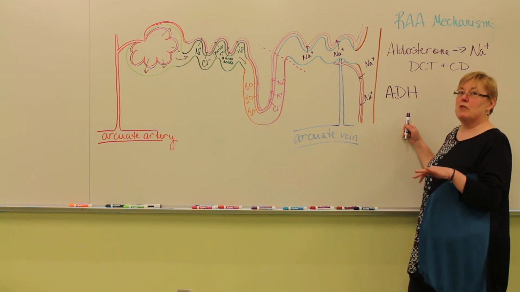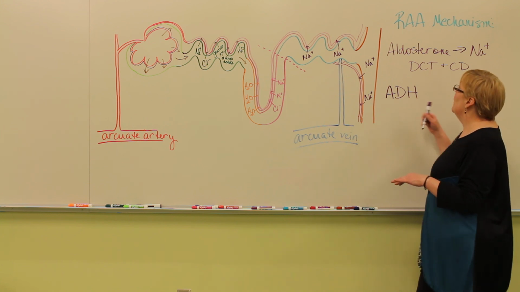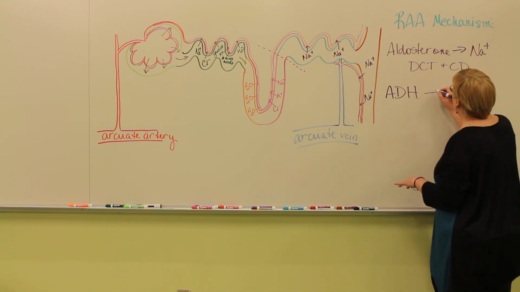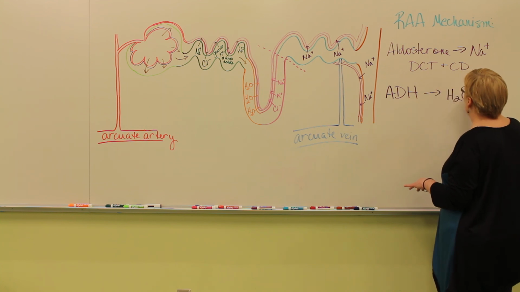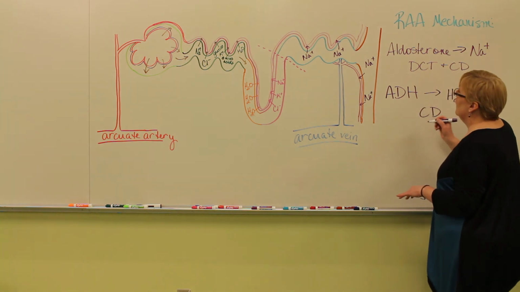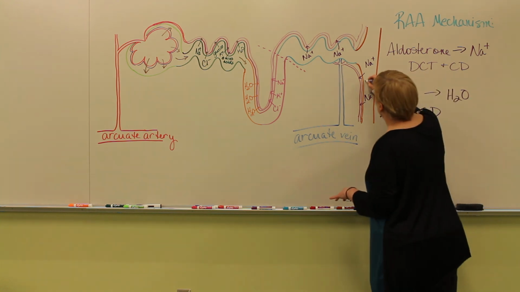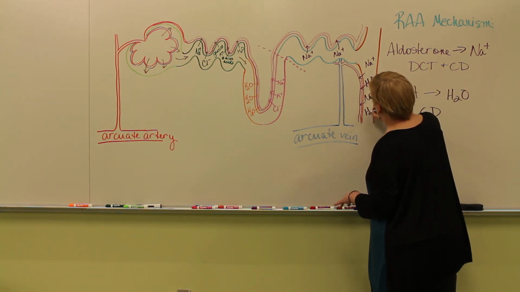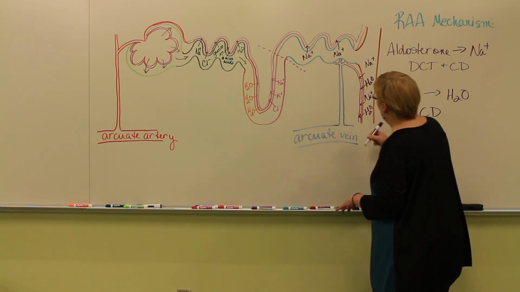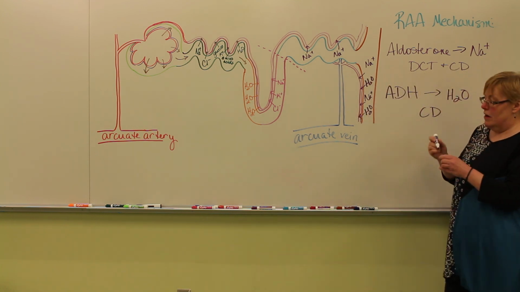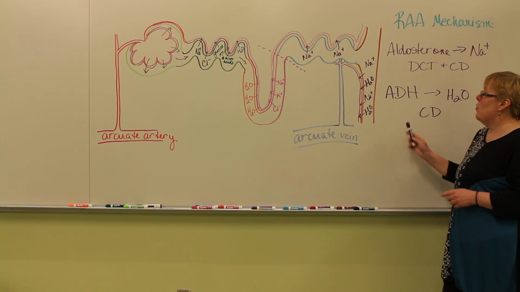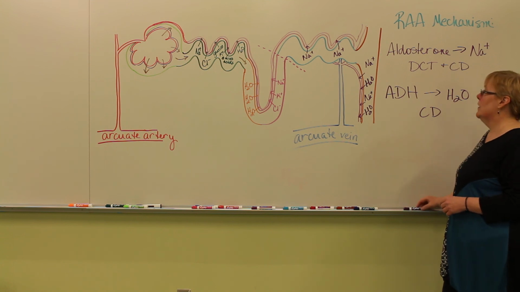It's going to decrease urinary output. Okay, so ADH is going to affect reabsorption of water in the collecting duct. Okay, so we'll see that in addition to sodium ion reabsorption increasing, we're also going to have increased reabsorption of water, specifically in the collecting duct.